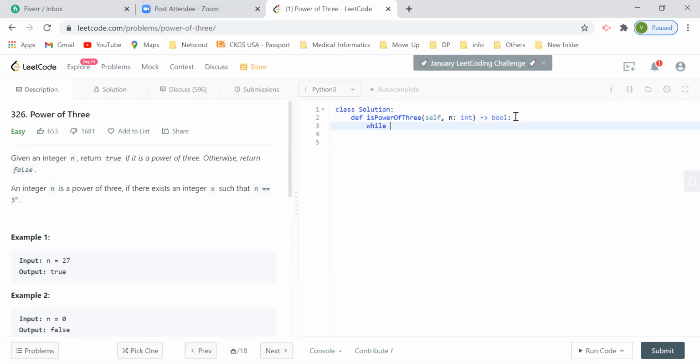So while n divided by 3 is equal to 0, n equals n divided by 3, right? So that's it. Return n, it's a power of 3, right? Yeah, n is equal to 1. That's all. Try that.